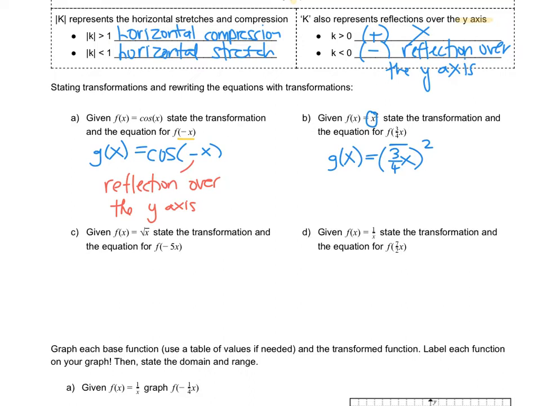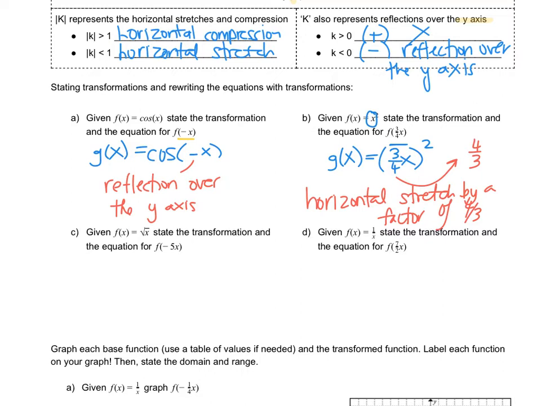So here, 3/4 is less than 1, which you might think is a compression because that's how we saw it with the vertical, but it's actually going to be the reciprocal. The reciprocal of this is 4/3, and that tells you that it is a stretch. So we have a horizontal stretch by a factor of 4/3.